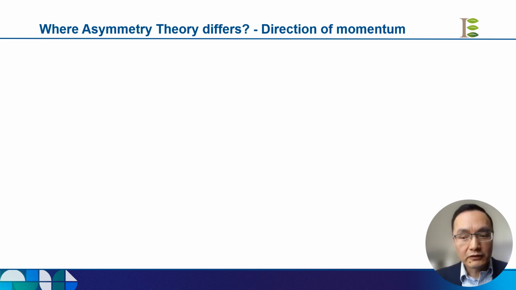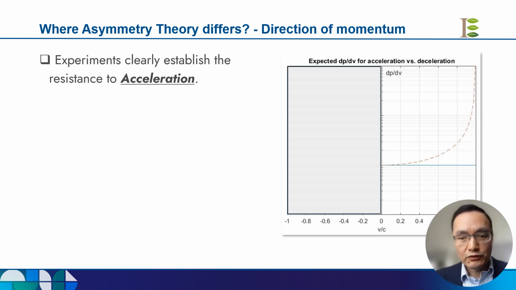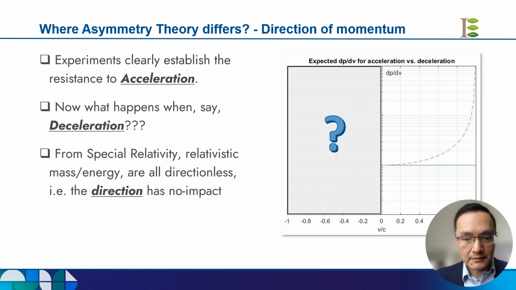Now let's talk about where asymmetry theory differs from special relativity. Experiments clearly establish the resistance to acceleration, just like this picture of the ratio of momentum to speed change showed. Now, still remember the question: what will happen if we are trying to decelerate a particle, which means a particle at the same speed but different direction?